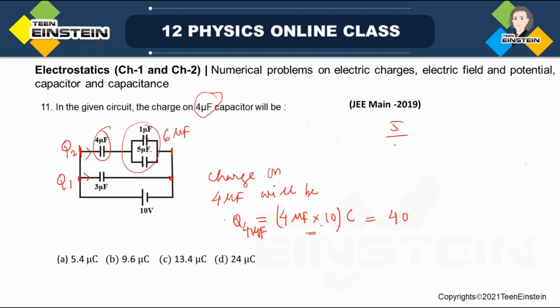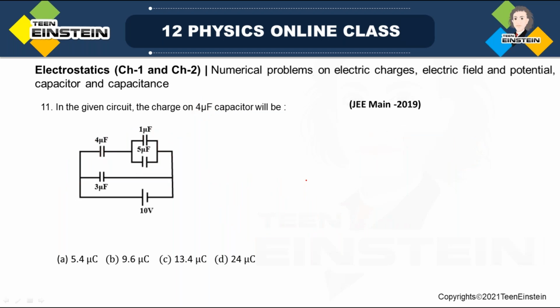What was that? 5 by 12. So this was 12 by 5 anyway. Okay, I think we have to go with this, because the whole charge is not only passing through this. That is the mistake I have done here. Actually, okay, just a minute. Let me just redo it.